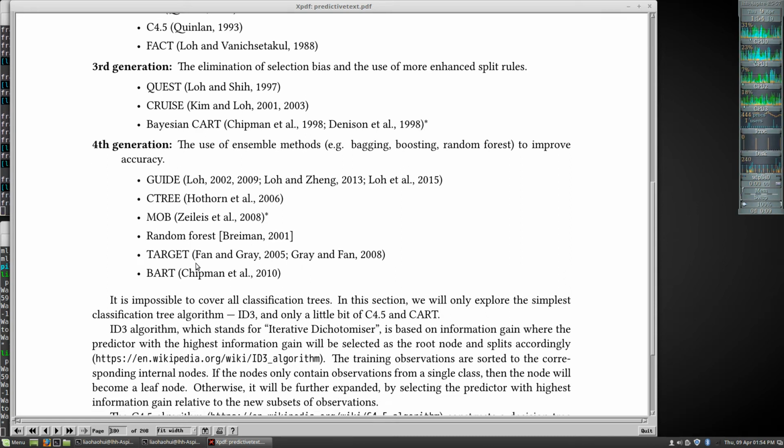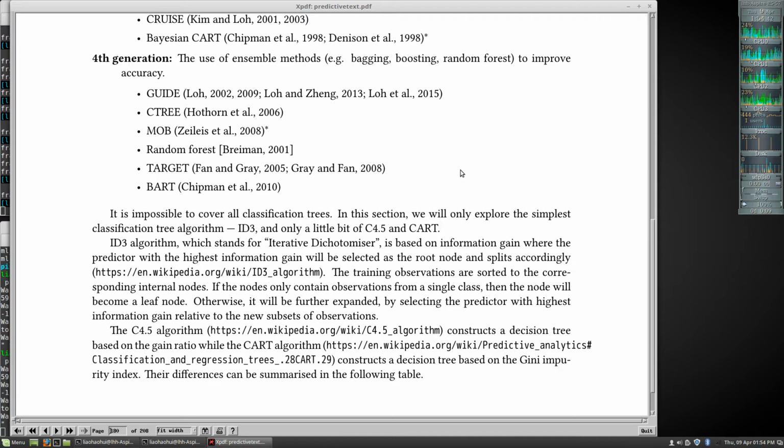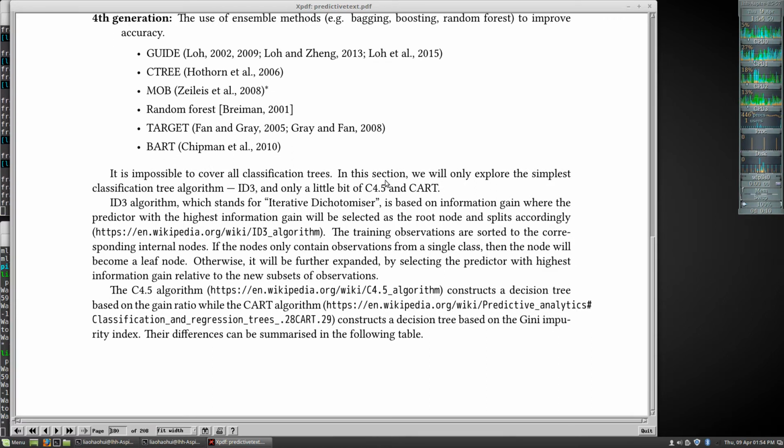Random forests and similar methods implement the construction of decision trees together with ensemble methods, which we'll see later. So this is what we need to know in order to understand why it took me so long to write up this topic on decision trees, because there are too many things.